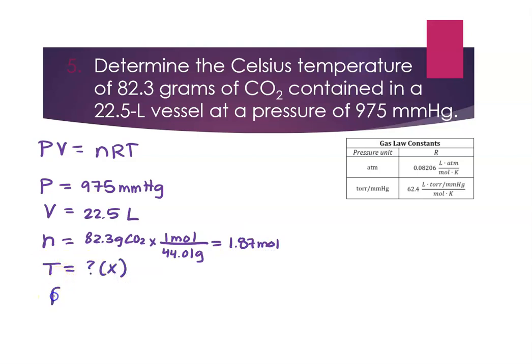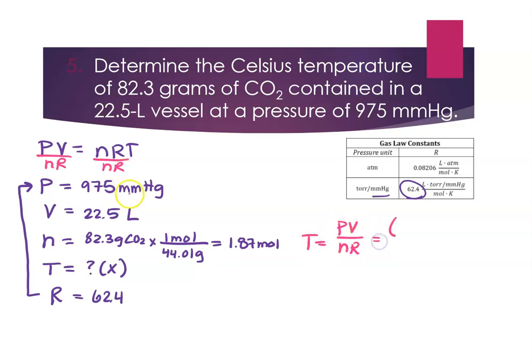R, lastly, is based on pressure, which is in mmHg, so it's going to be 62.4. We are solving for temperature, so we'll divide both sides by nR, and we get that T is equal to PV over nR. So we plug in 975 for P, 22.5 for V, n is 1.87, not 82.3, and R is 62.4.